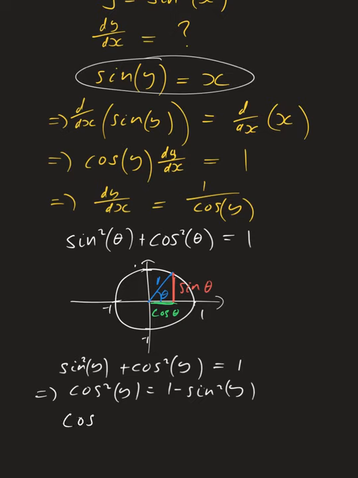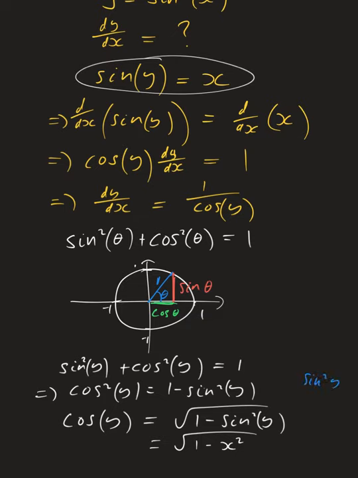Therefore, cosine of y is equal to the square root of 1 minus sine squared of y. And above we had that the sine of y is equal to x. So that is just equal to the square root of 1 minus x squared. Bear in mind that sine squared y means sine of y and then squared. So that's 1 minus x squared.